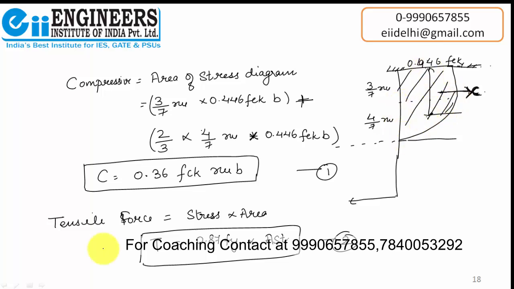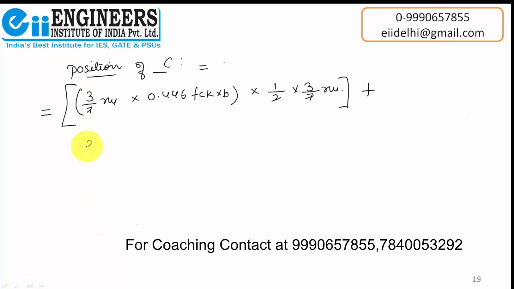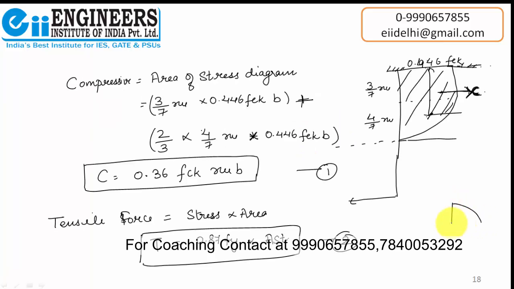So, we have calculated the area here, we will just write this value here, 2/3 times into 4/7 XU into 0.446 FCK into B. This is the compressive force, and it is acting at a distance of, for a parabola, the CG is at 1/3 from here and 2/3 from here. Okay, so from here it will be 1/3.